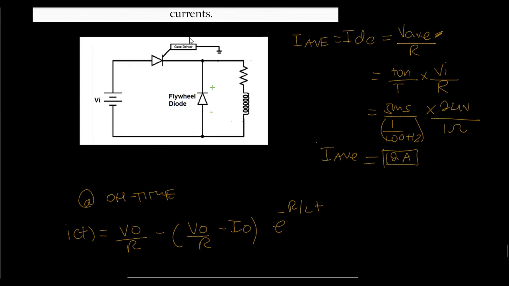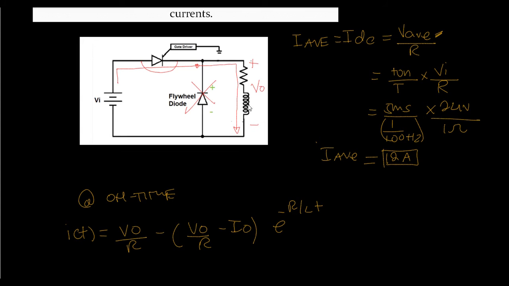During on time, the SCR or the chopper switch will close. Current will flow from the input to this node. Since the polarity is high at the top, the flywheel diode will be open. So, the current goes straight to the load, and then back to our input. So, this is our output, so there will be an output voltage.